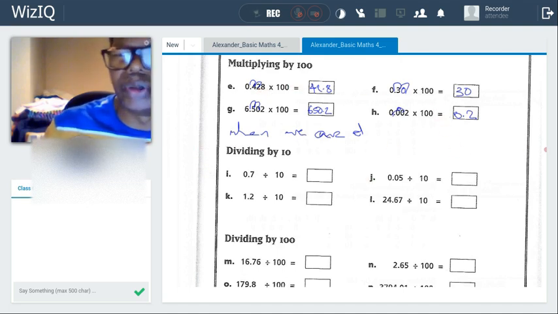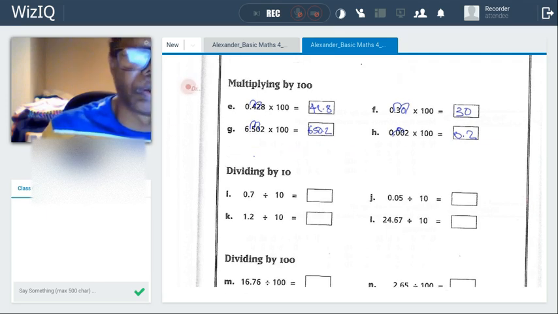So you move the decimal place to the left by the number of zeros. So this one here, the decimal is here. We're going to move the decimal, it's going to come here. There's always a 0 from the beginning. So this is going to be 0.07.